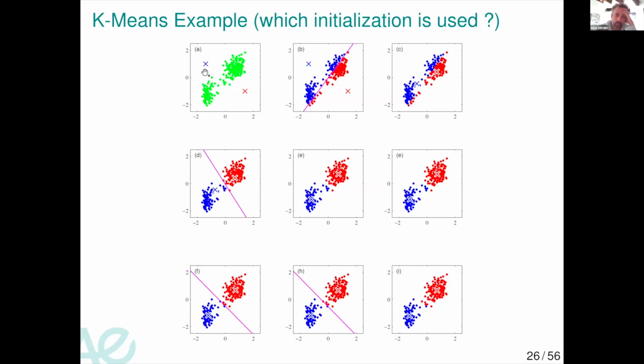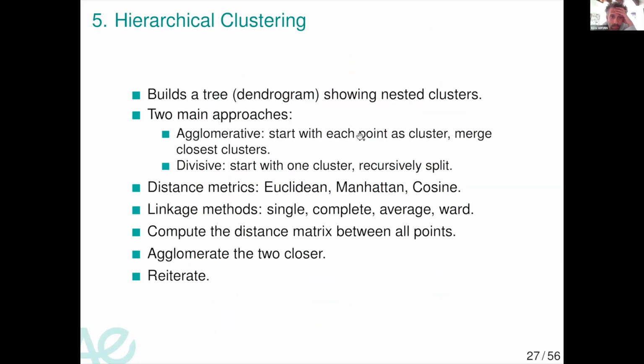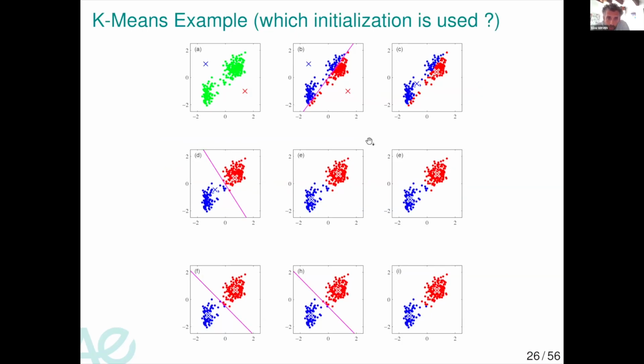So a way not to be limited by this pitfall is to run the K-means algorithm several times and to choose the best clustering at the end. So that's a very simple way to cluster a data set in K groups. You have to choose K before the algorithm starts.